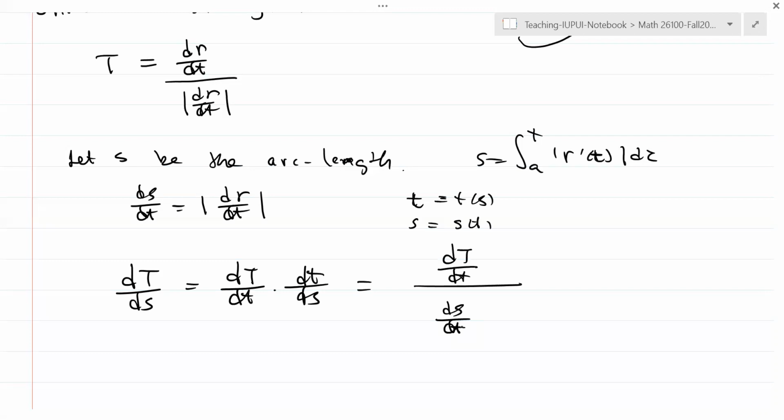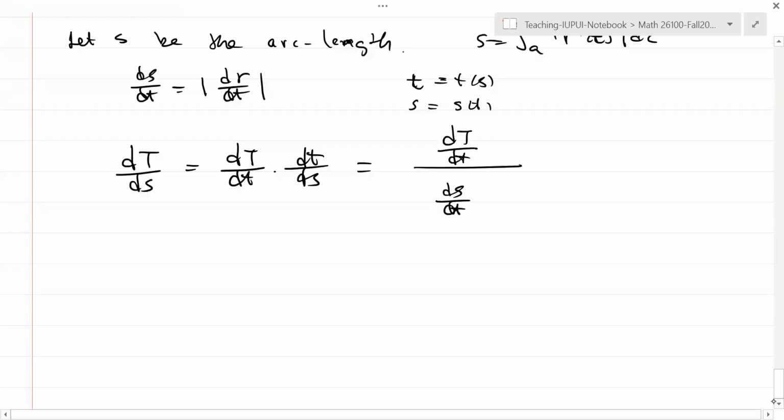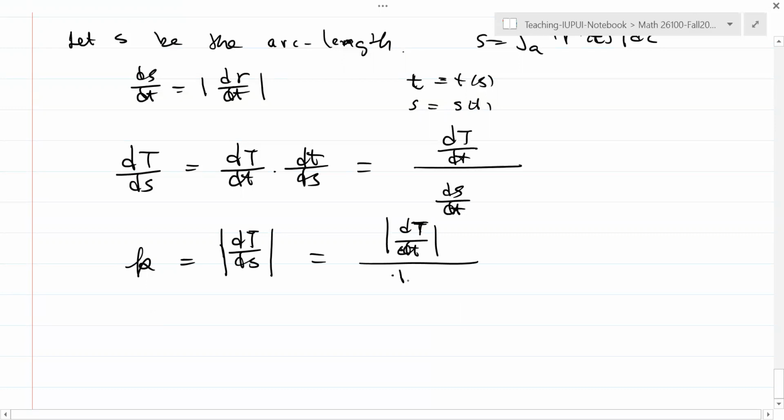So this is a formula, and the length of this vector tells you the curvature. We can compute the curvature right now because you can just compute these two, the numerator and the denominator.